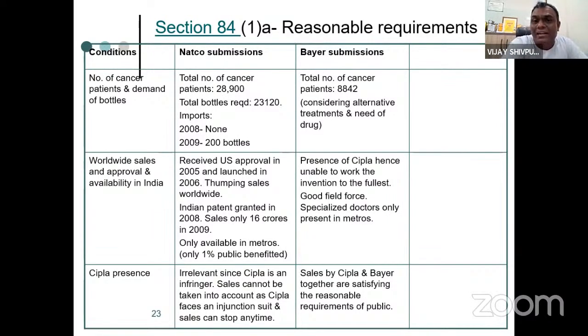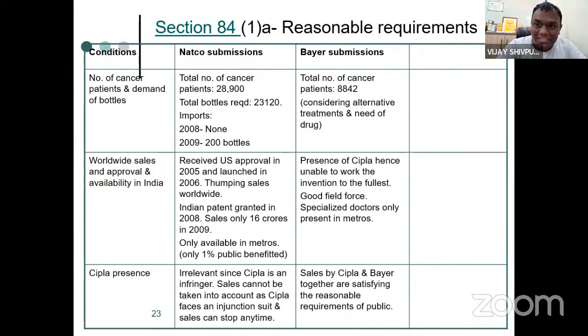Buyer submitted that the number of cancer patients was 8,842, because for these kidney patients, there were alternative treatments available. Then the presence of CIPLA, hence unable to work the invention to the fullest. Now the problem with Bayer is that they have filed a lawsuit against CIPLA because they are infringing.